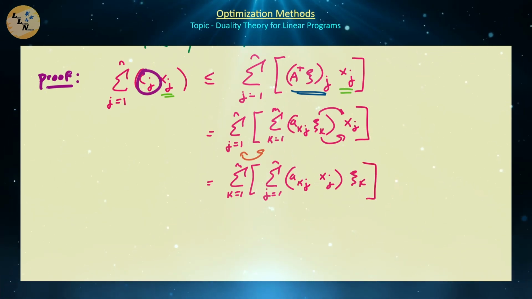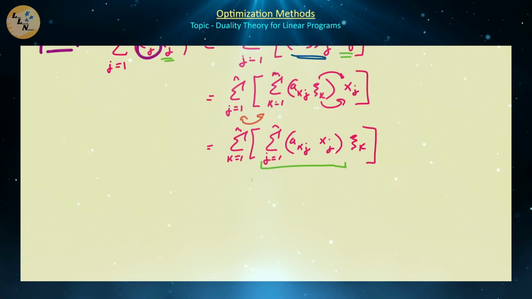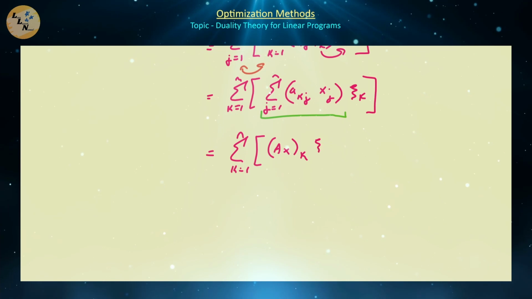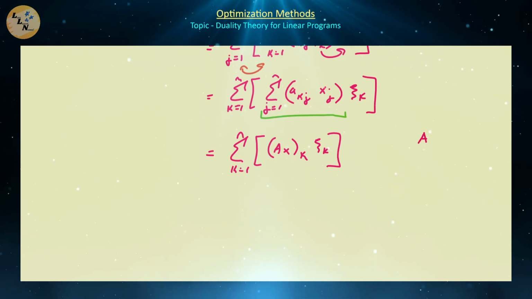Now we should know what this is. That's the kth row of Ax. So we can write this as the sum from k equals 1 to m of the kth row of Ax times psi_k. And we know that the kth row of Ax is less than or equal to b_k, because Ax is less than or equal to b.